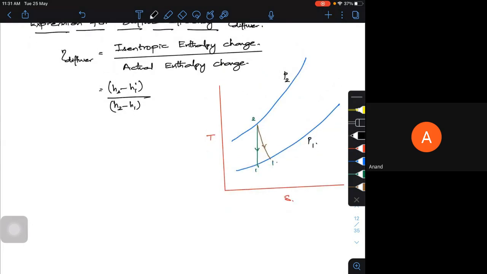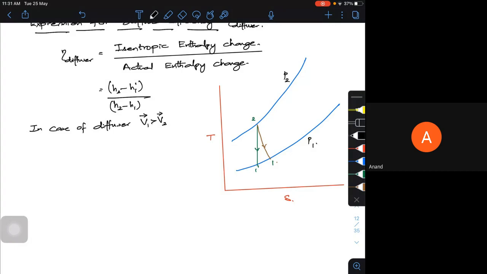In case of a diffuser, your v1 is slightly higher than your v2. I'm not saying it's much higher, but v1 is slightly higher than v2.